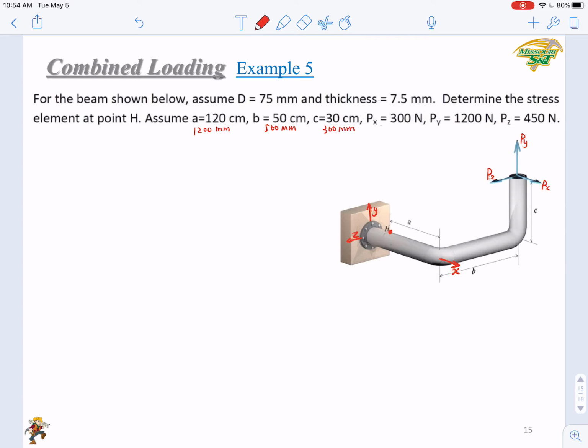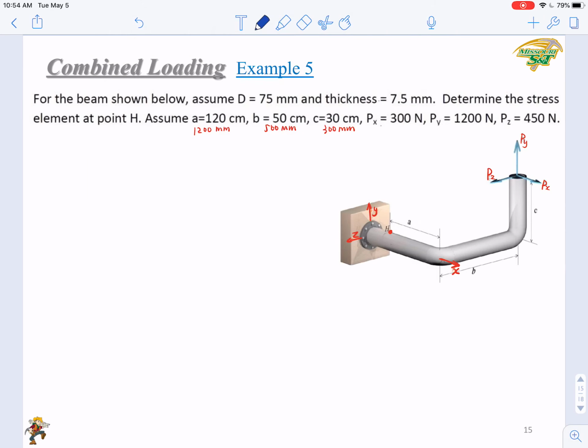Okay, the PX, PY, PZ are all in Newton, so we'll just use the Newton, millimeter, and MPa to do this calculation. You would just need to follow the same steps as the previous one. First of all, we determine the internal forces based on the external loading. Then we will calculate the section properties, then solve the normal stress and the shear stress step by step.